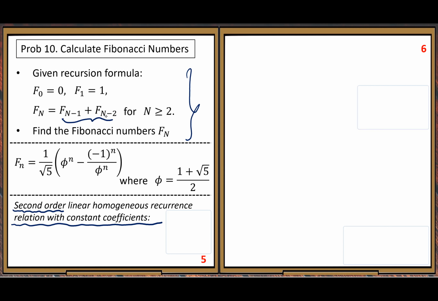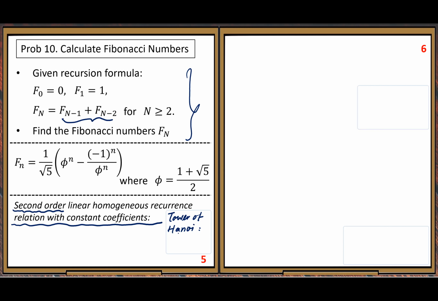In order to understand the meaning of second order, we may like to compare with our old example. Remember, in the old example we learned one called the Tower of Hanoi. Remember that puzzle?